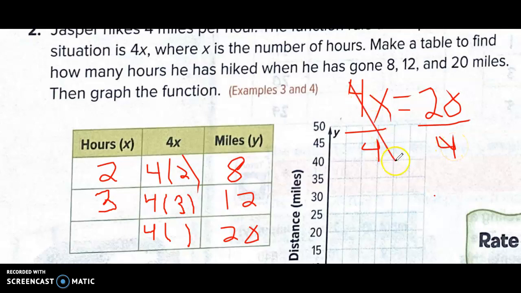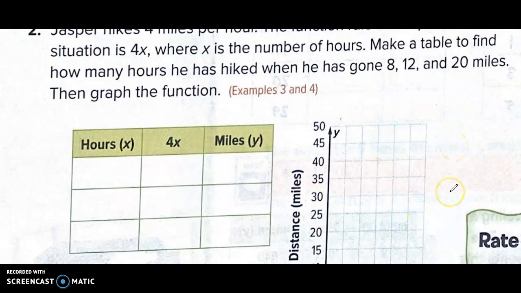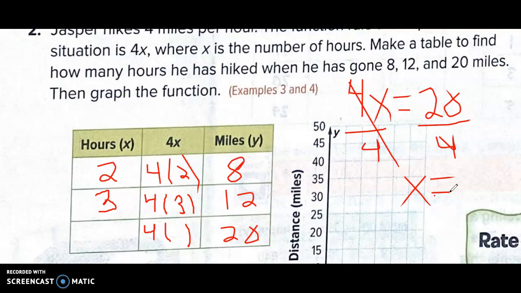These two cancel. I'm left with x equals 20 divided by 4, which would be 5. So 4 times 5 is going to give us 20. Therefore, we are going to put our 5 in our hours box. Next, we're going to graph them.